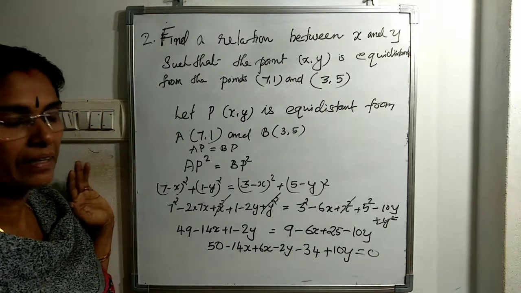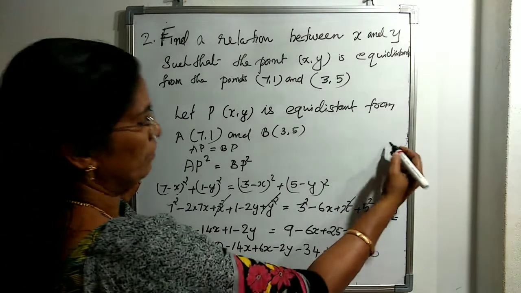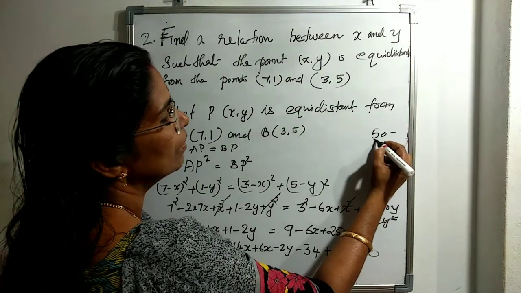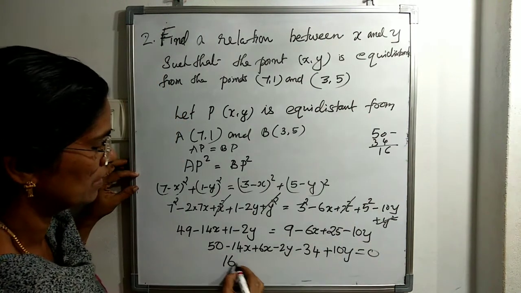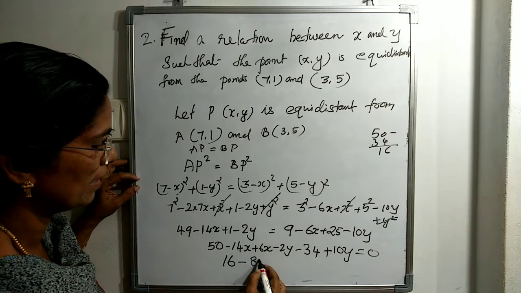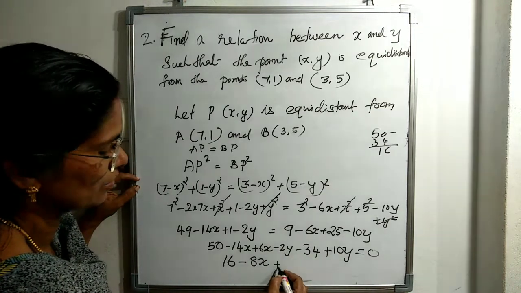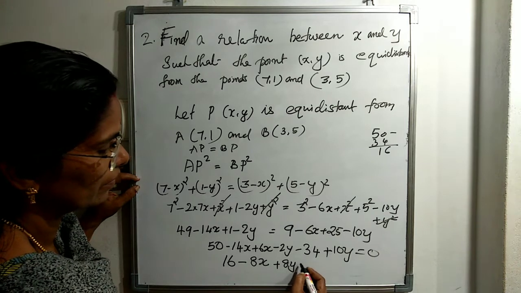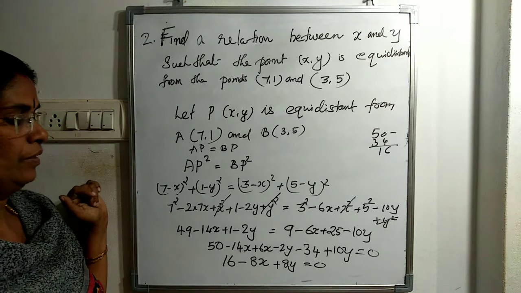Rearranging all these terms, 50 minus 34, what is 50 minus 34? 16. Here minus 8x, minus 2y and plus 10y, so 8y. This already we cancelled. That is equal to 0.